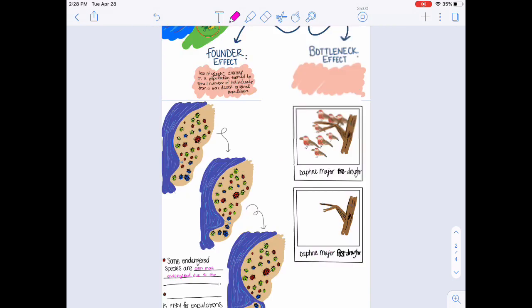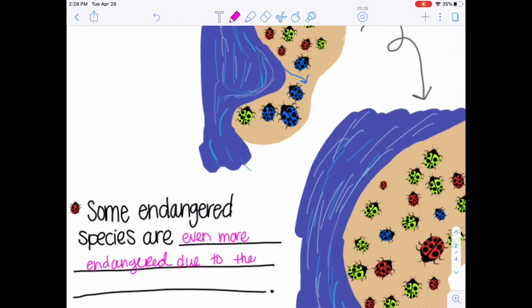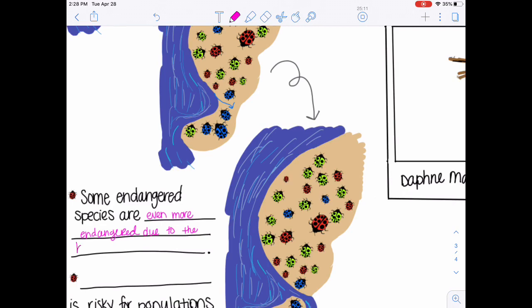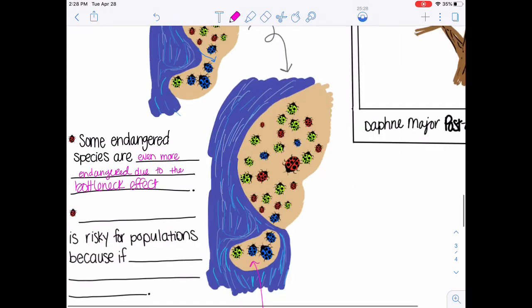This again limits their genetic diversity. They all are more and more similar to each other, which is actually very risky for a population because if some new challenge arises, it likely will wipe out the entire group.